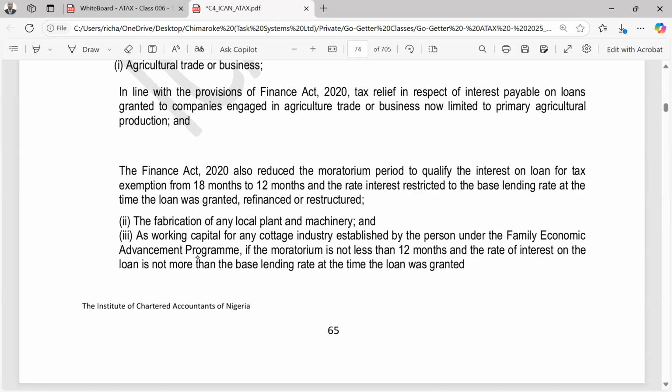You took a bank loan and you are supposed to be paying every month, but because there is no activity, you have a moratorium. These are periods that you do not pay back the loan. There used to be a moratorium period of 18 months whereby it is exempt from tax, but now that moratorium is reduced to 12 months. That is what this place is saying.